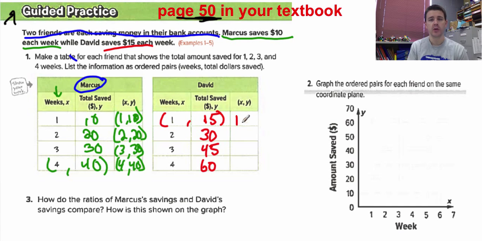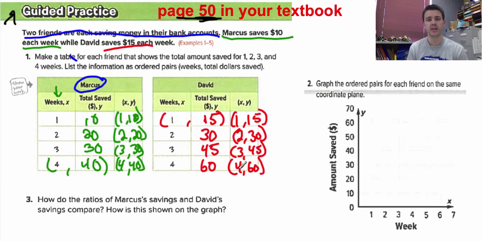So we have the point 1, 15, 2, 30, 3, 45, and 4, 60. Okay? So we've simply plotted all of our information, all of our ratios of the weeks to the dollars saved in our ratio table.